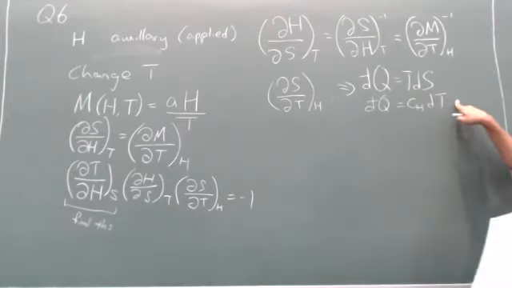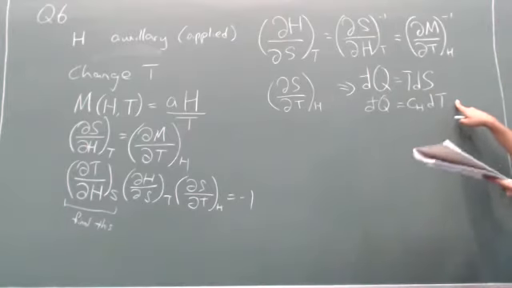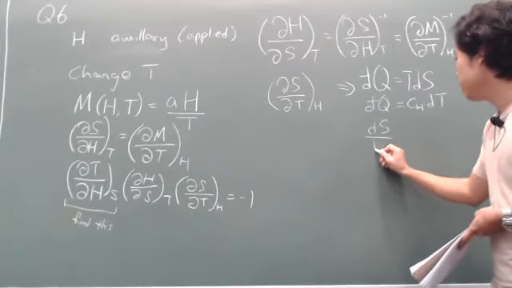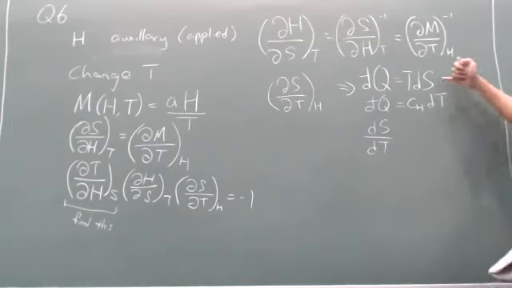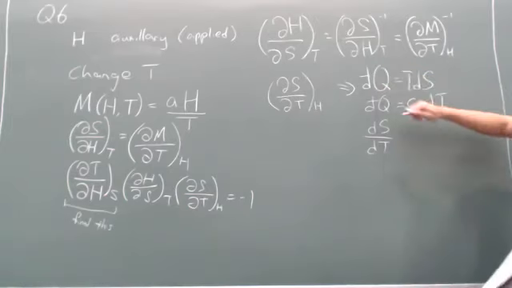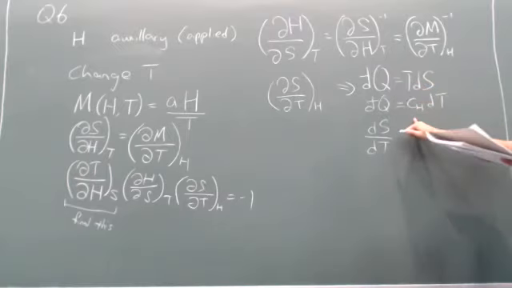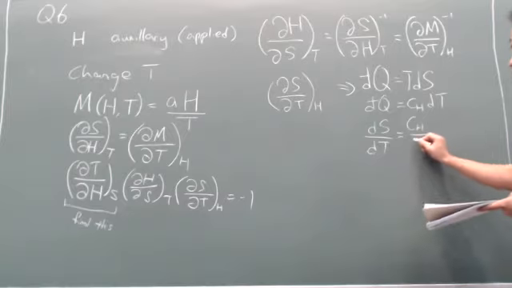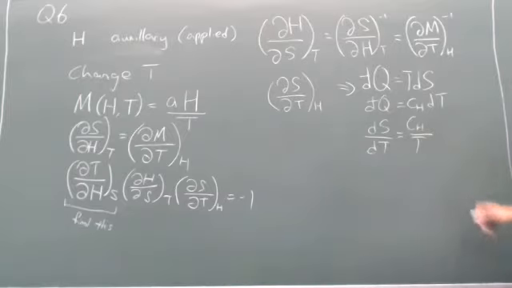Both of these hold. So if I want to find dS/dT, dividing these two through, the left-hand side will equal 1, and then you have T divided by C at constant H. Rewriting that, you get dS/dT is C_H divided by T.